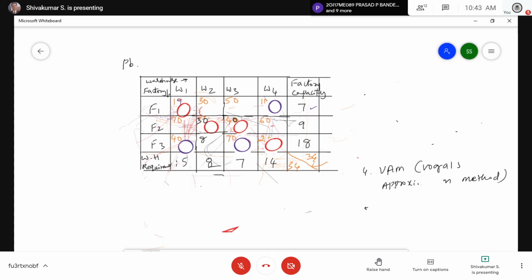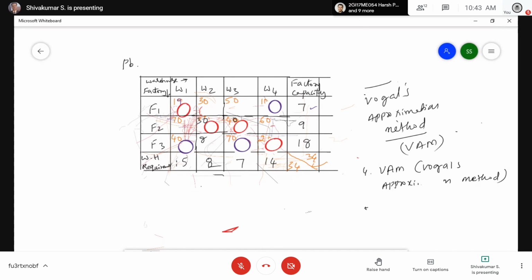We'll go for this method, Vogel's approximation method. Very important for CIE or SEE and all. You are going to answer this directly. It's simply called the VAM method.